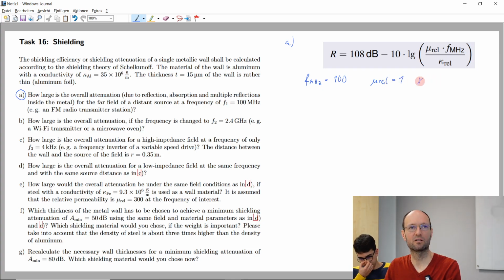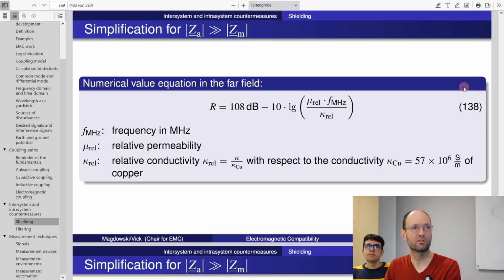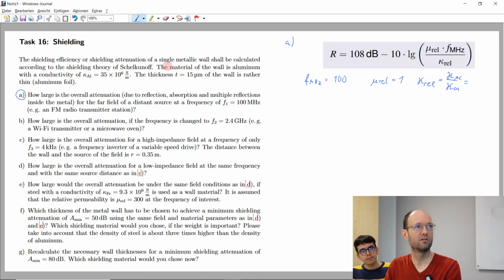And the kappa relative, as we discussed, is the conductivity of aluminum divided by the conductivity of copper. The copper conductivity is given here on the slides. This is 57 times 10 to the power of 6 Siemens per meter, and for aluminum we have 35.